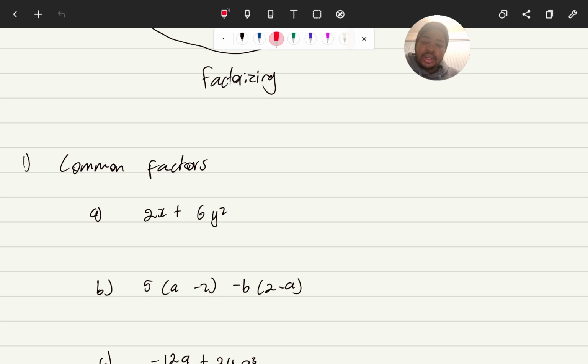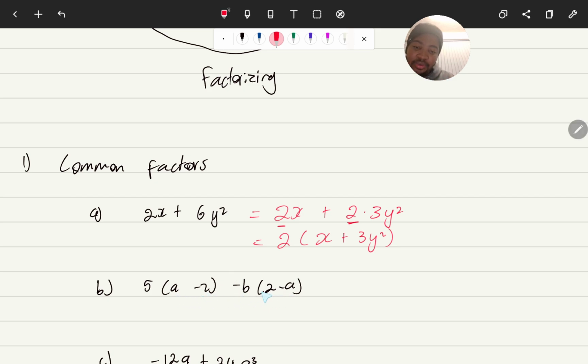Good example, on number A, you have 2x plus 2 times 3y squared, right? So 2 is a common factor. You take it out, then you end up with x plus 3y squared. The first thing you do is ask what our common factor is, then you take it out.